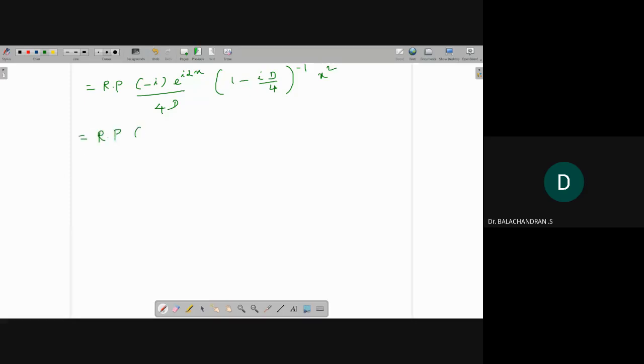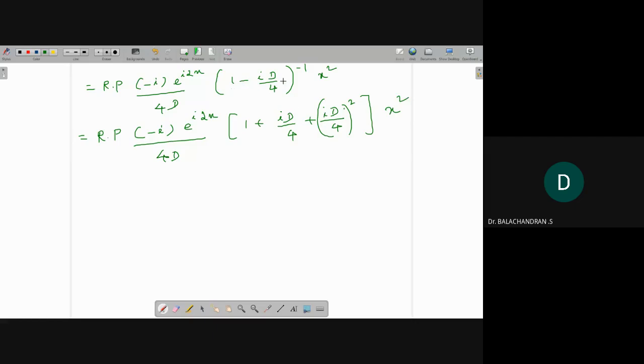So the real part of minus i e power i2x divided by 4D. Here I need to write up to the x square term. So that is the reason I am going to write 1 plus x plus x square. This is x square, so this is enough.